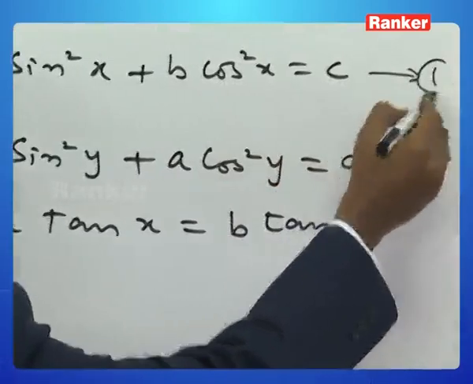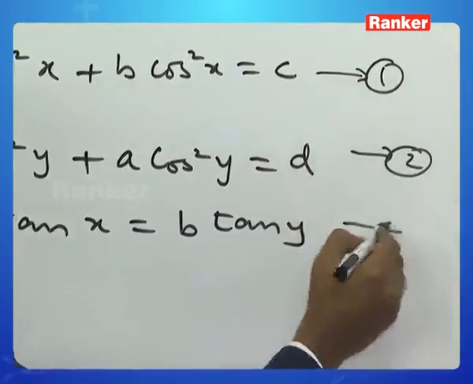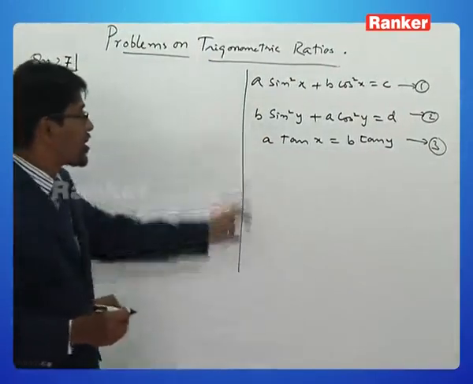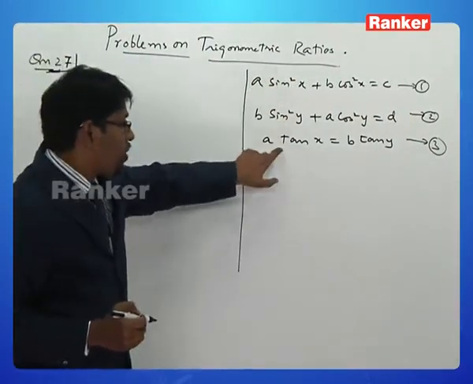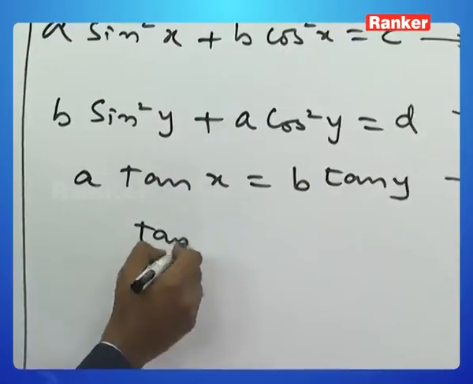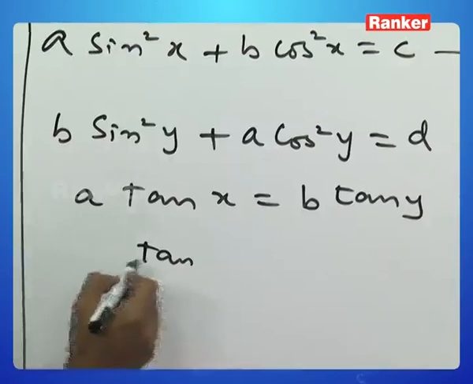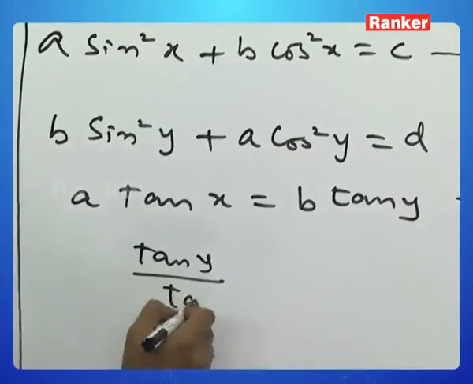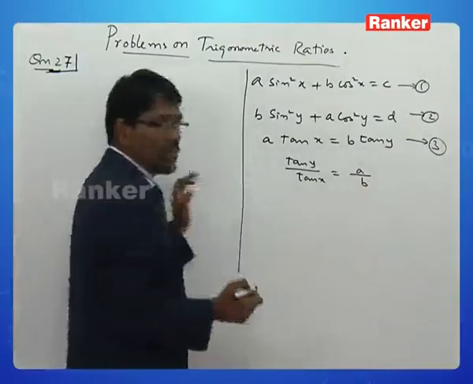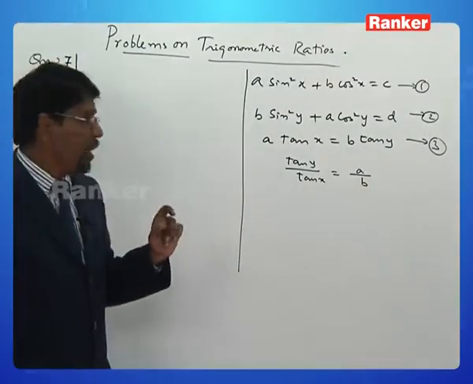What we do is divide by cos square x. Why do I do this? Observe from the third equation, tan y by tan x is equal to a by b. What you wanted is a square by b square.